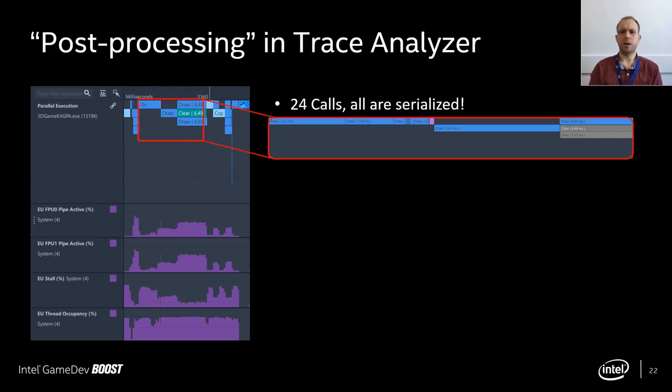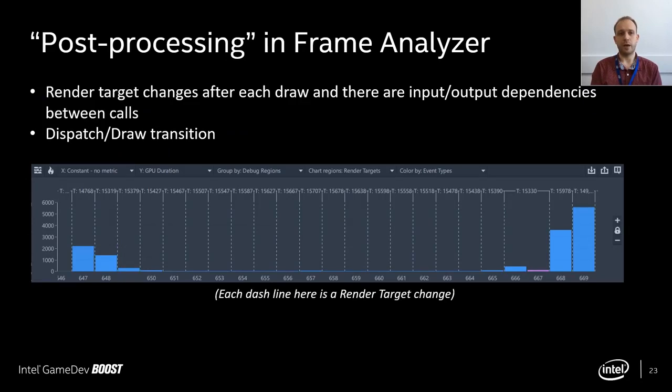And the primary reason for this, as you may see in the frame analyzer, is that there are frequent render target changes. So you can see this by enabling the mode on the frame analyzer bar chart, where your render target changes are represented as dashed lines.